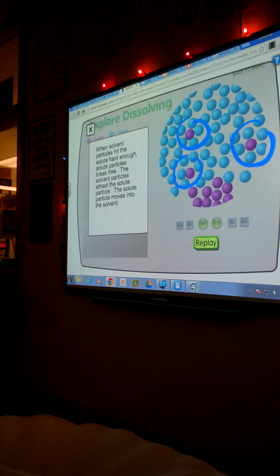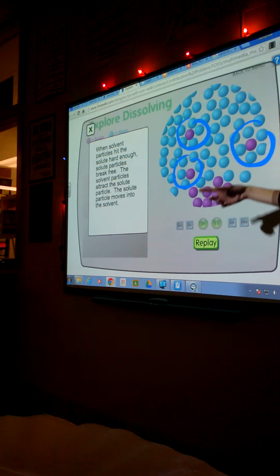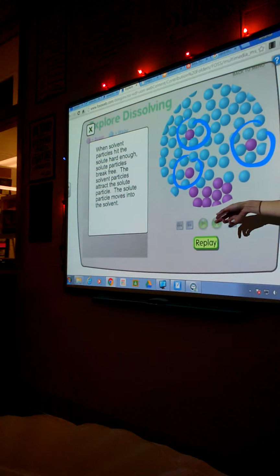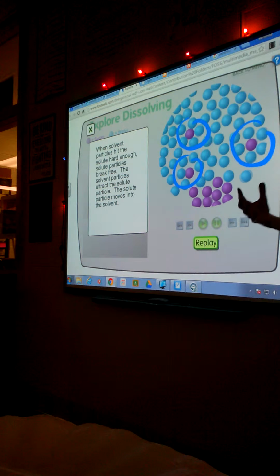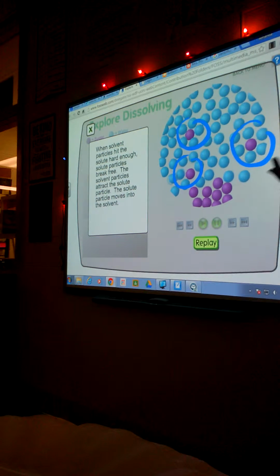It doesn't have to be just sugar. Salt would look the same way as it dissolves. Kool-Aid would look the same way as it dissolves. The candy coating, when we had the M&M in the water experiment, that would look the same as it dissolves. It's like he's being punched. If you want to imagine it that way, yes.